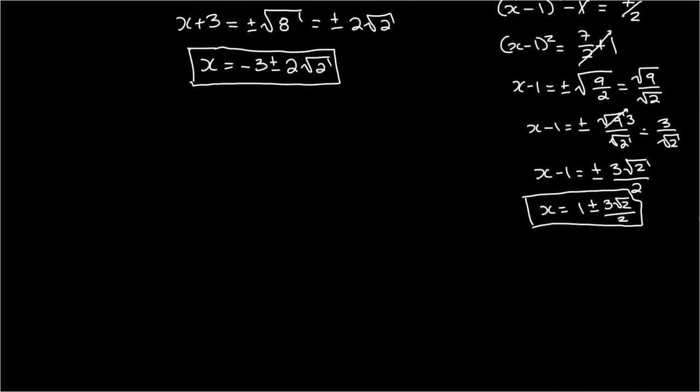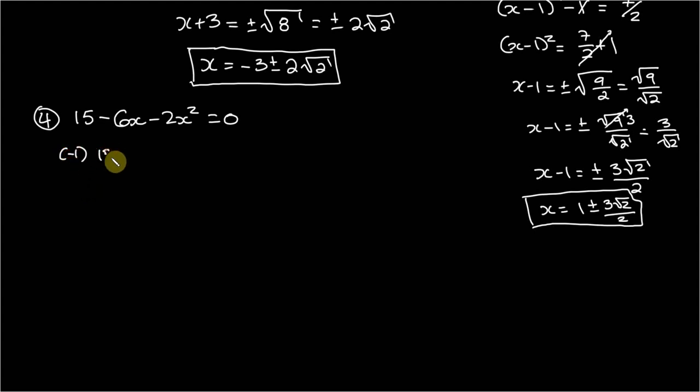Right, so let's do one more. Say that we are given 15 minus 6x minus 2x squared. All of that, of course, is set to equal 0. So the first thing I'd want to do is multiply both sides by negative 1.